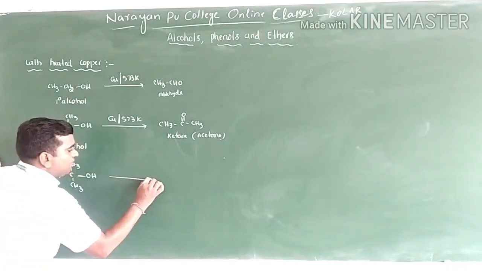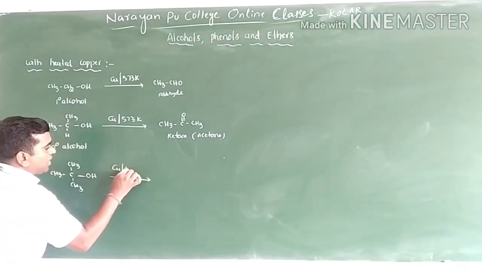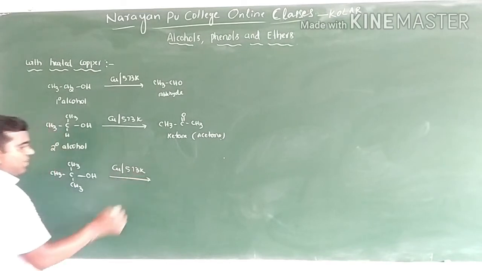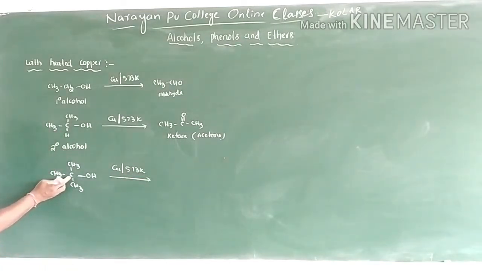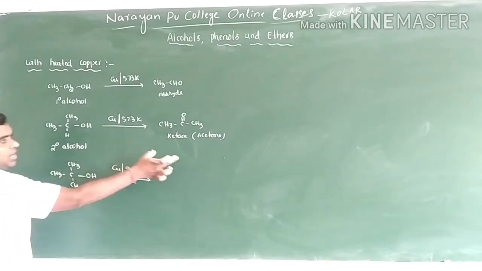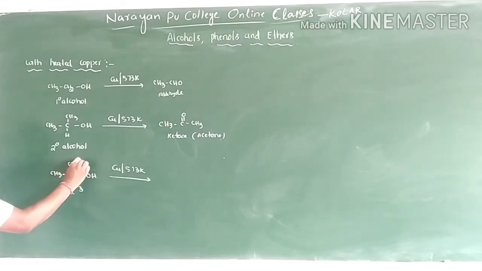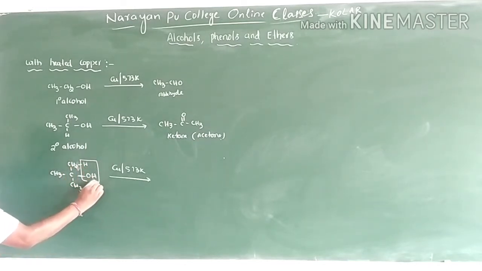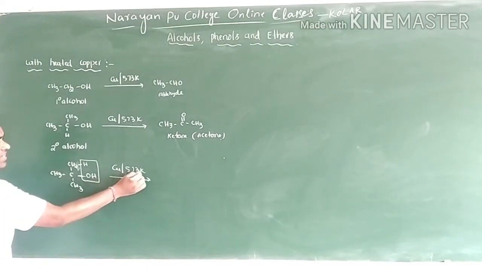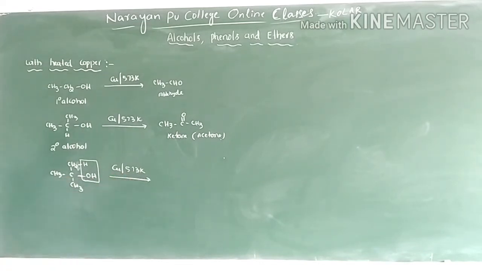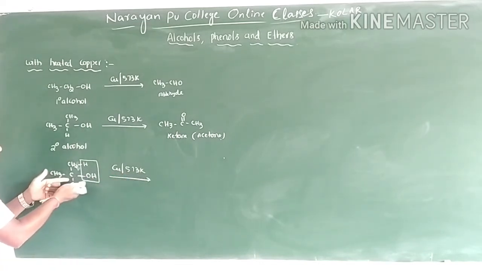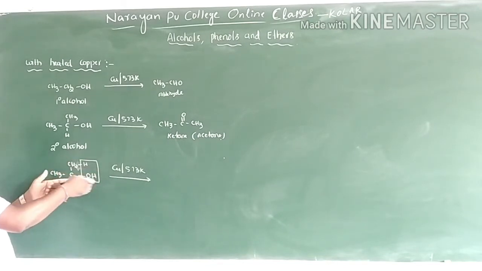So if you heat this with copper at 573 Kelvin, there is no hydrogen to remove along with the OH to form a carbonyl compound. So what happens here is dehydration. Water is removed because we are heating at that temperature. H and OH will be removed.